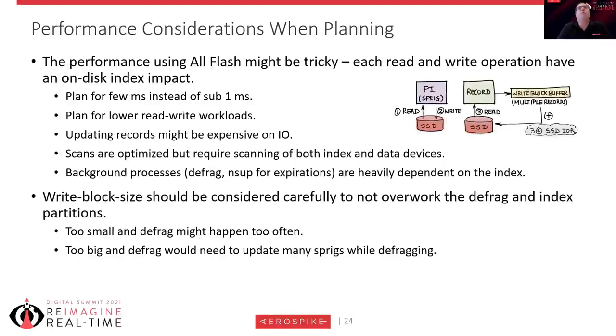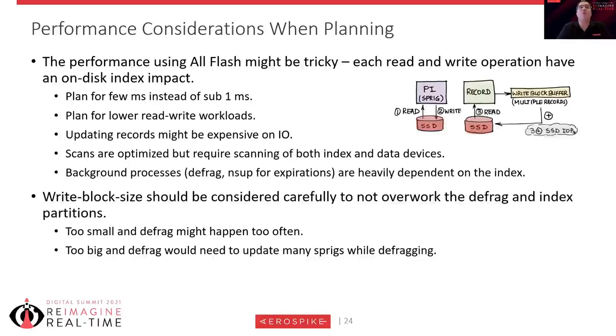We also need to take into consideration background processes like the defrag process and the nsup for expirations, and they are both heavily dependent on the index. So take the performance needs into consideration, and then test it before you do it, because some of the things might be noticeable and things that we need to actually take into account.